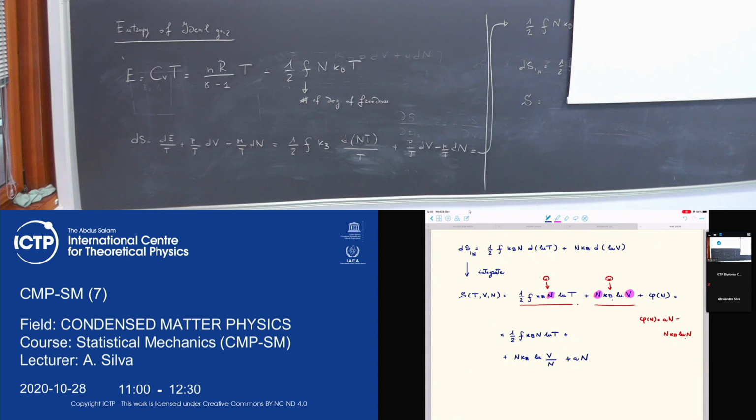Now, if you don't like to use temperature, you can rewrite this in a different form. You can use the fact that T is equal to E over 1/2 f k_B times n, right?